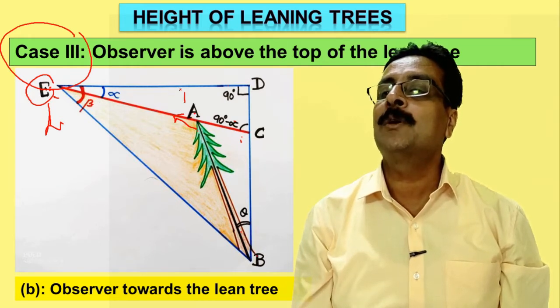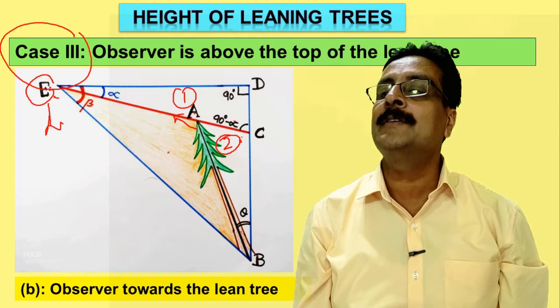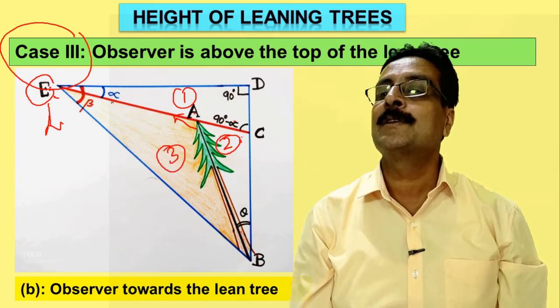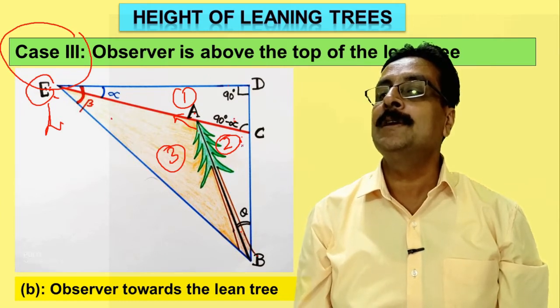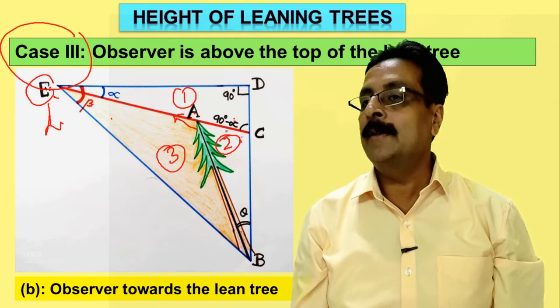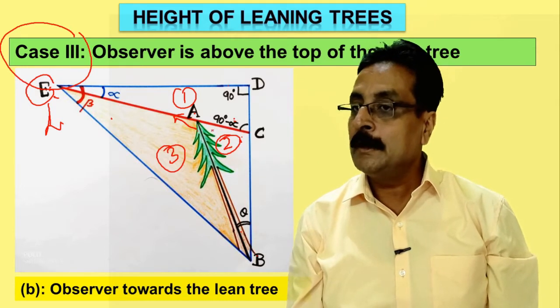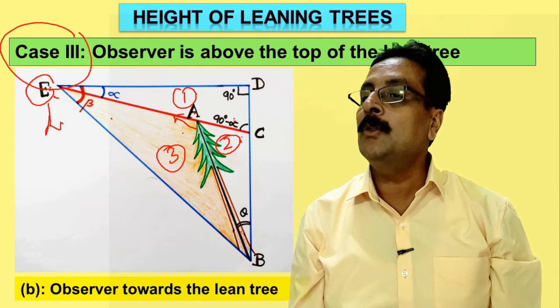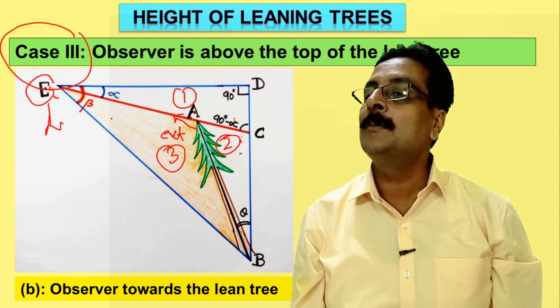So first we will consider triangle EDC and ECB. This will be the exterior and this the interior, and later this will be the exterior and this the interior.